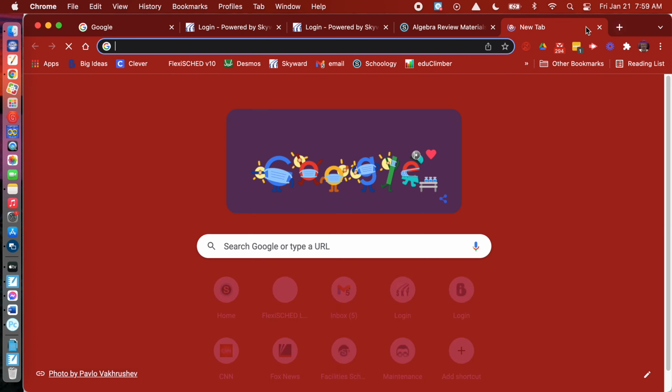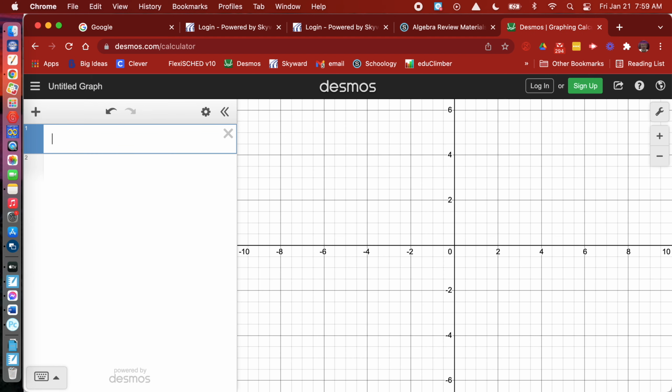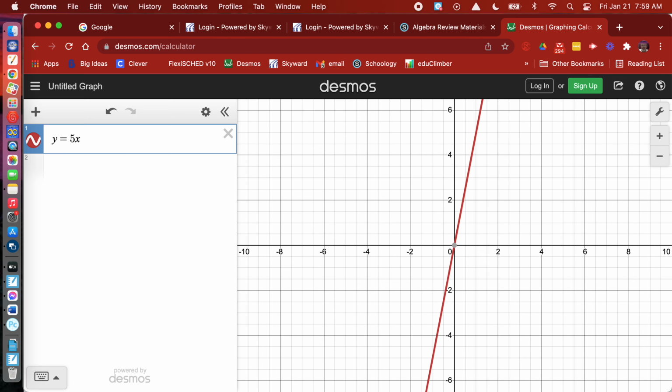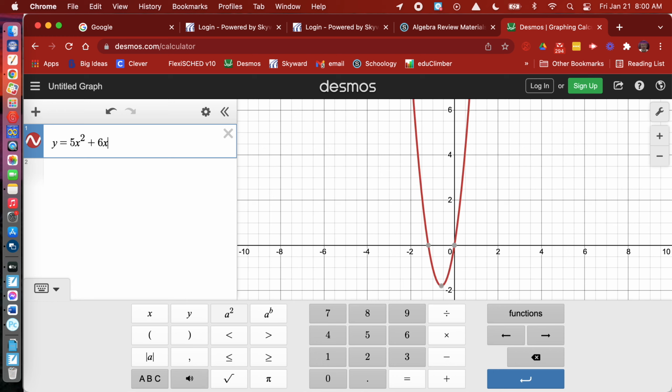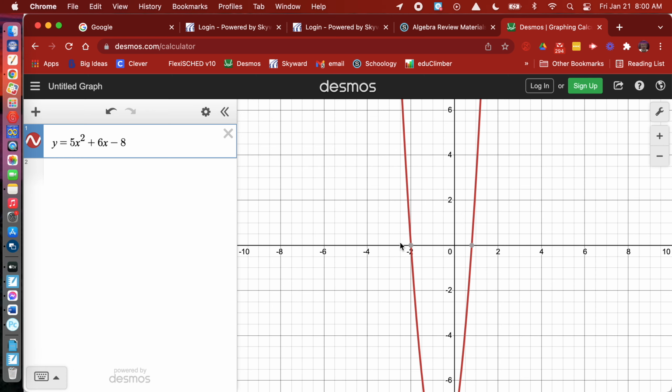Okay, so y equals 5x squared plus 6x minus 8. Now this is the graph of that function.